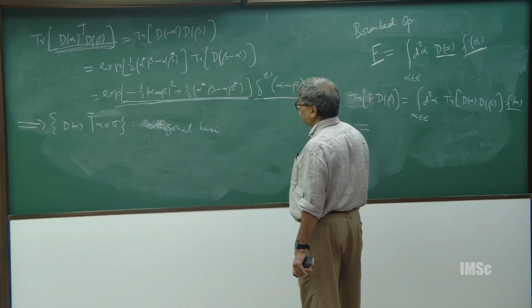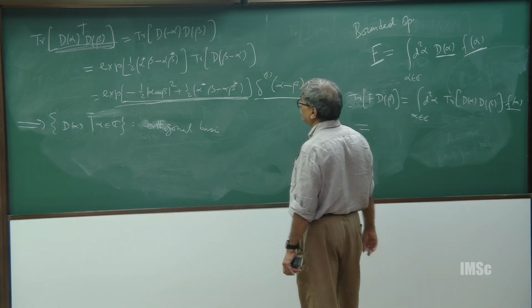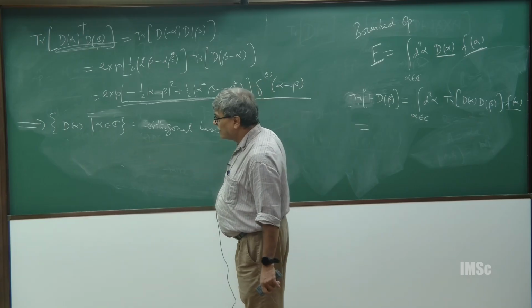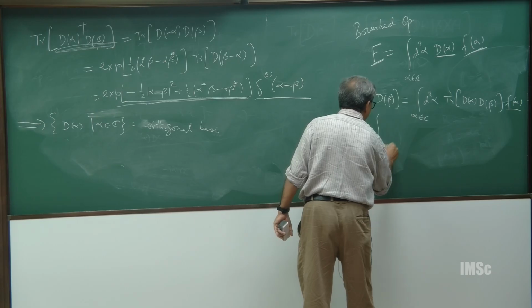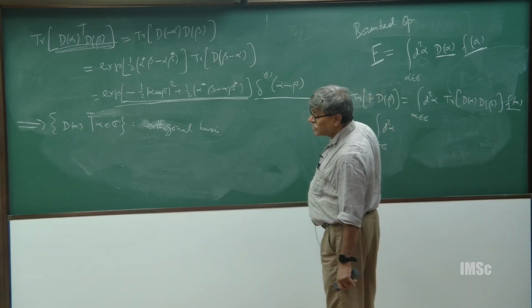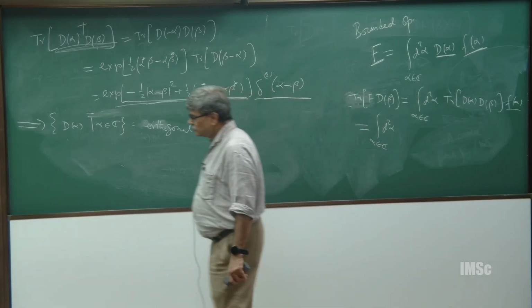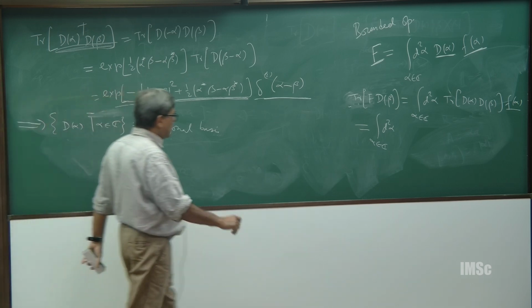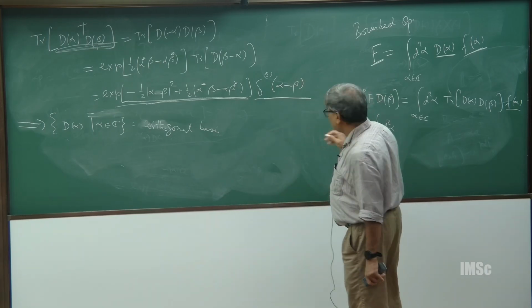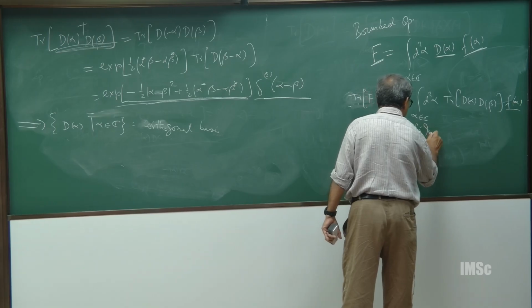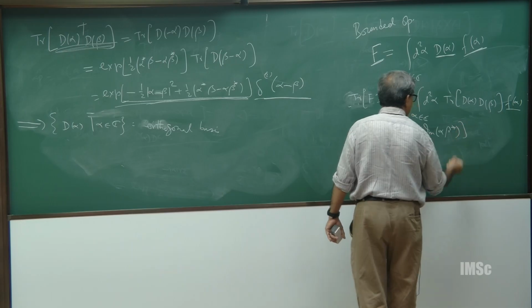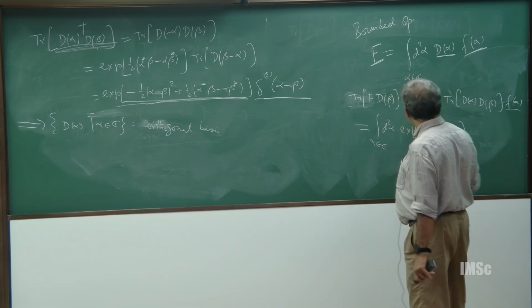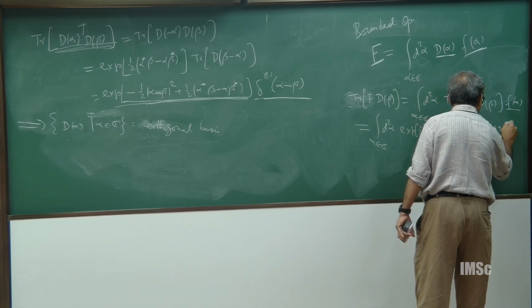Now, this part I can write as exponential of iota imaginary part of alpha beta star, then trace of D of alpha plus beta, then f of alpha.